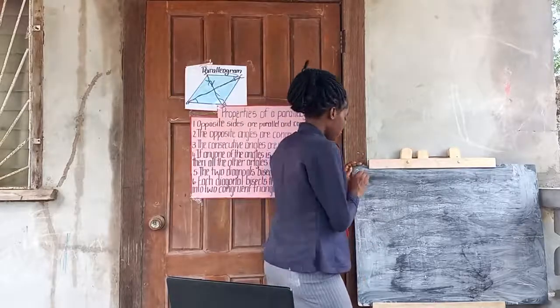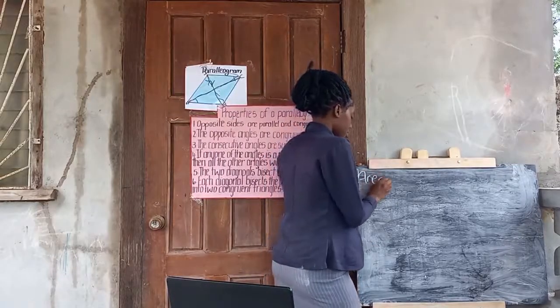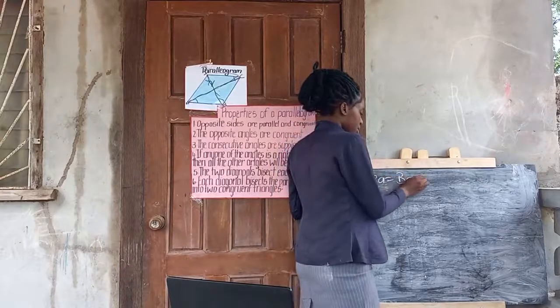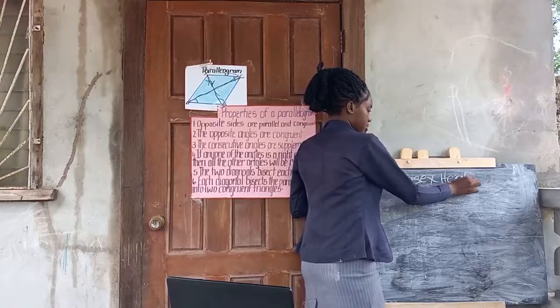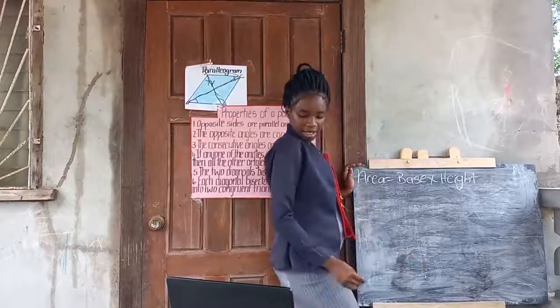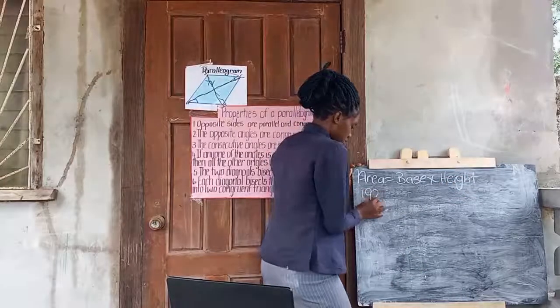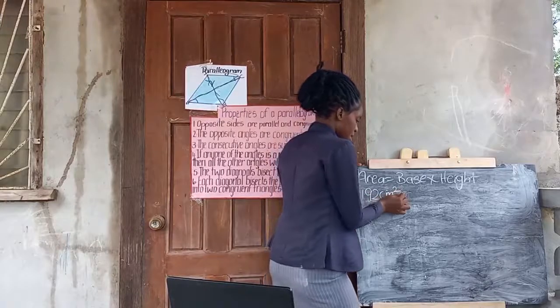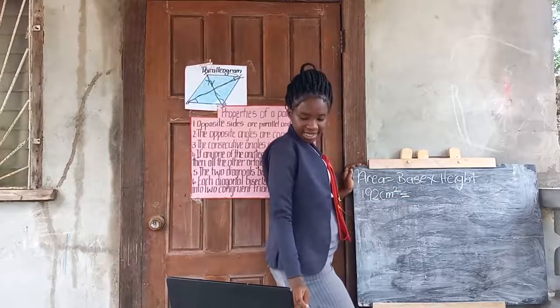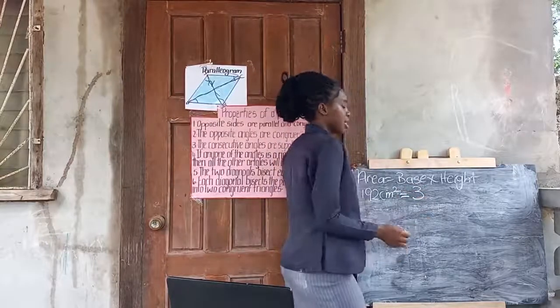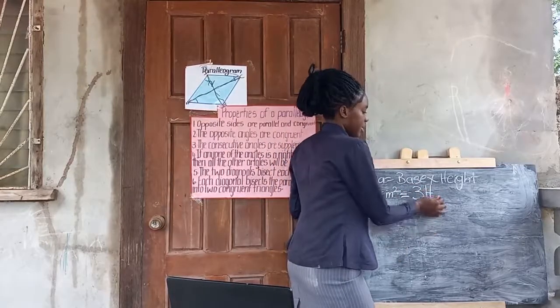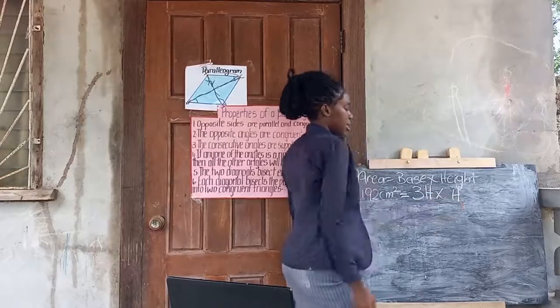So we know the formula is area equals base times height. The area is 192 centimeters square. And the base is stated to be 3 times the height. And we don't know what is the height.